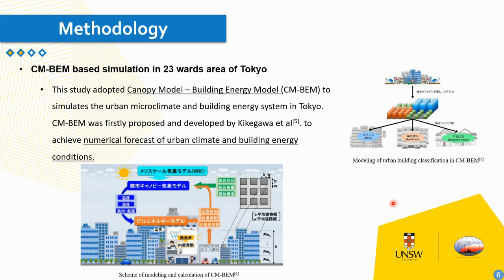The first is that it is a quite detailed model considering heat load and heat exchange indoors and outdoors, and anthropogenic heat indoors and outdoors. The second is that, especially in Japan, we classify buildings into three types: detached houses, apartments, and office or commercial buildings.